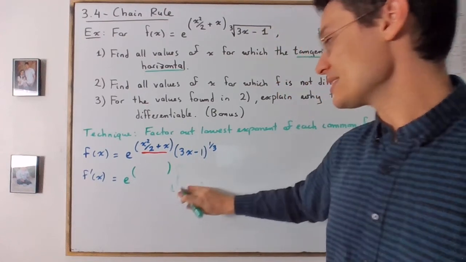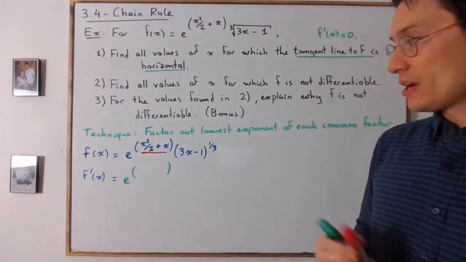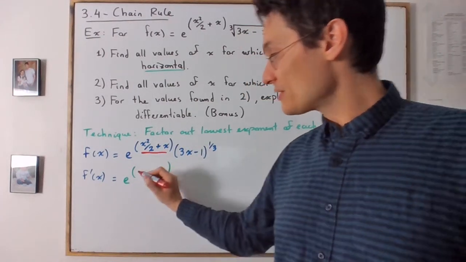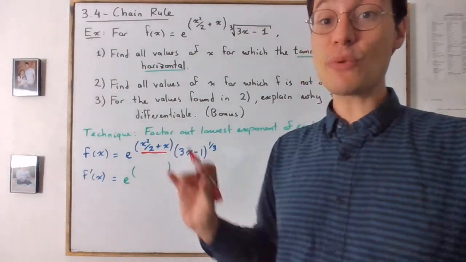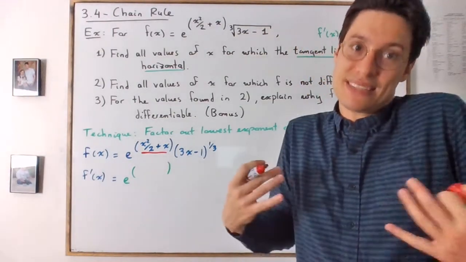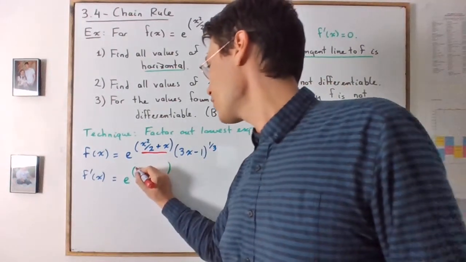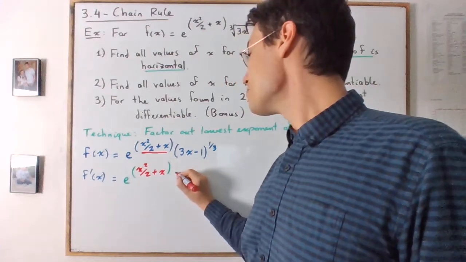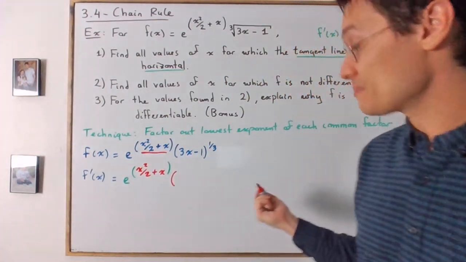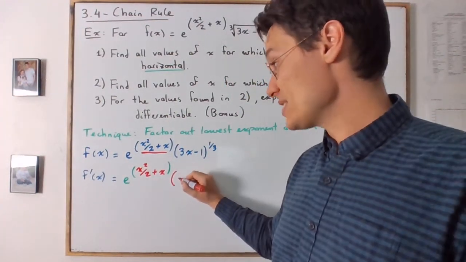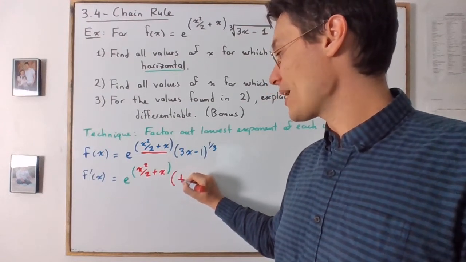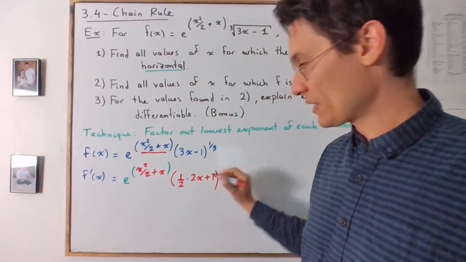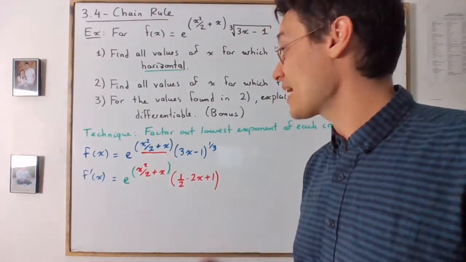So the outside-inside rule, sorry, I messed up the order, tells you that you take the derivative of the outside. The derivative of e to the u is e to the u, right? Then you stick the inside in, and you multiply the result by the derivative of the inside, which in this case is 1/2 multiplied by 2x plus 1. Okay, so that's the derivative of the inside of e to the.